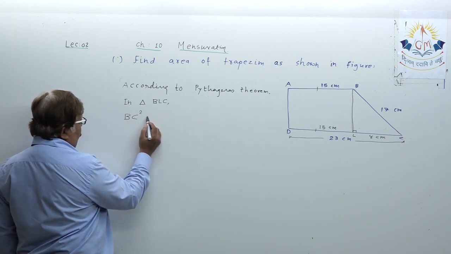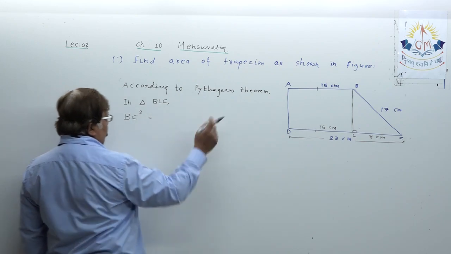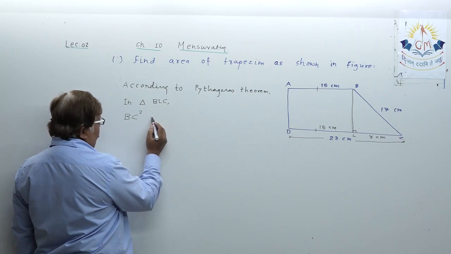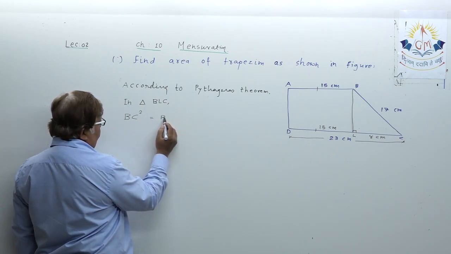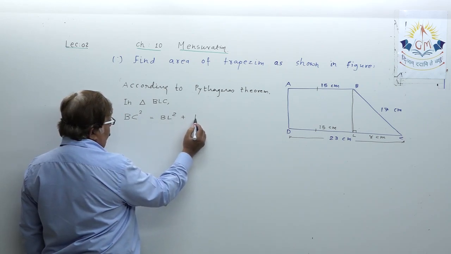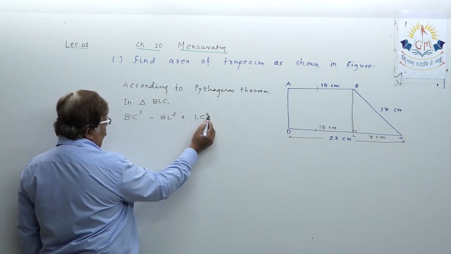BC square equals, just check the triangle, BL square plus LC square, okay?